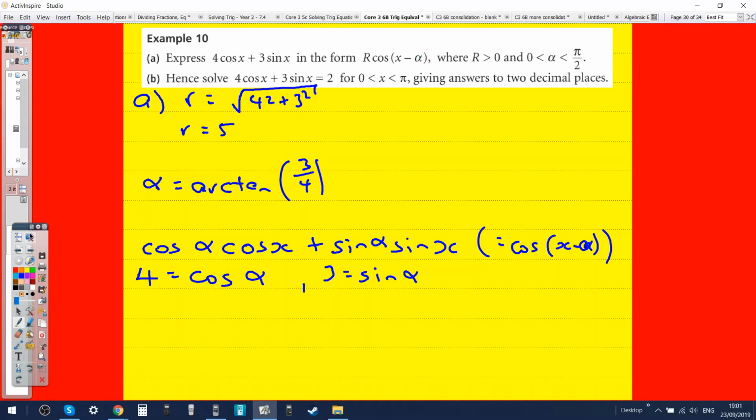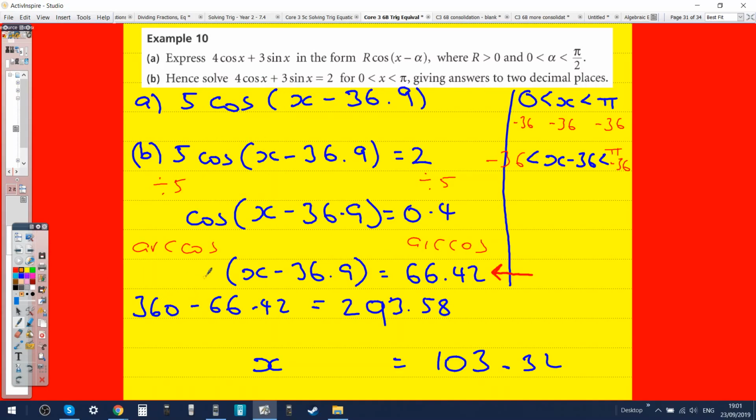They'll always say in part B, hence solve this equation, meaning use what you just did in part A to do part B. So Pythagoras for the r, arctan second over first for the alpha, and once you have that, you use that form to solve the thing. But trig ain't easy.